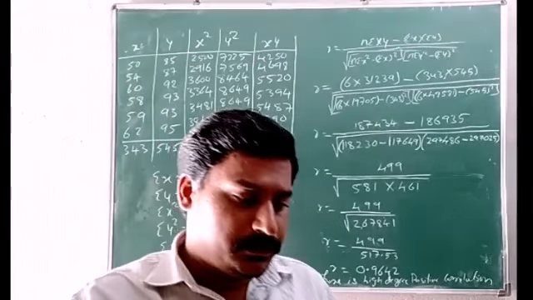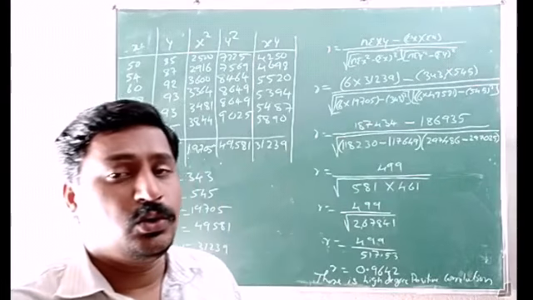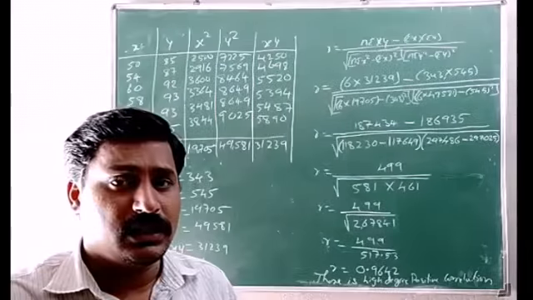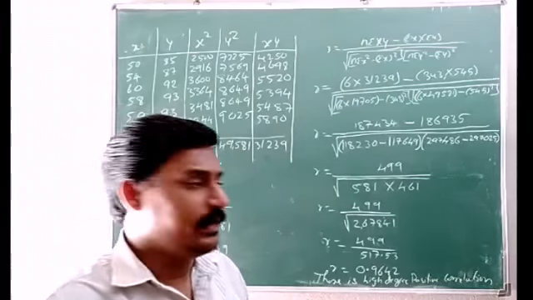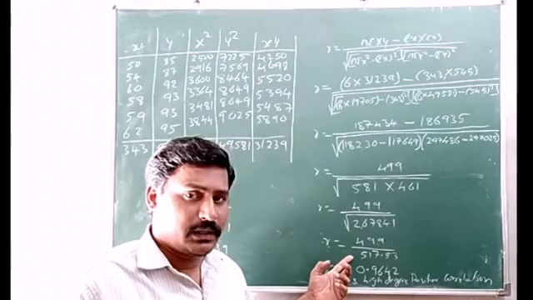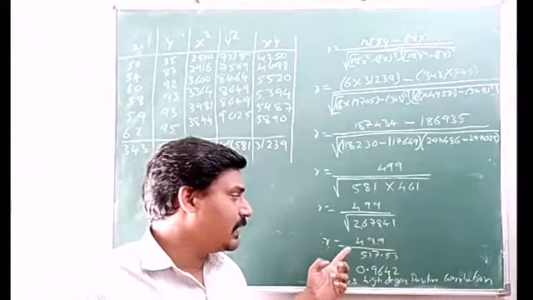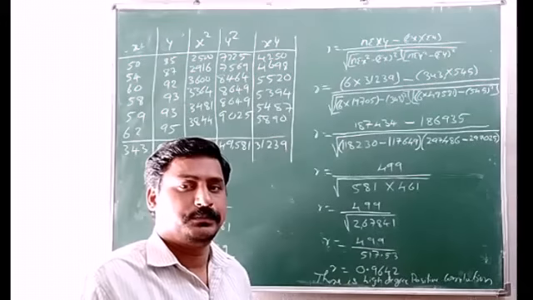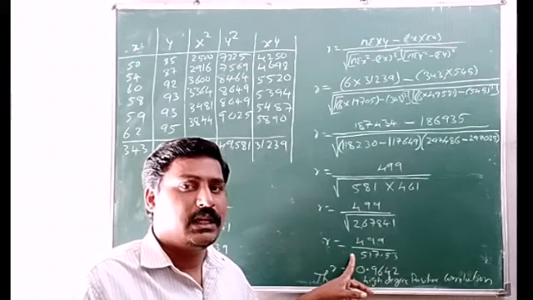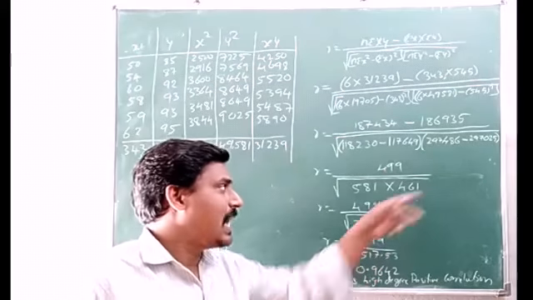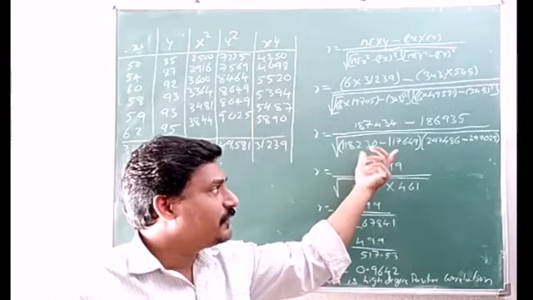Okay, and remember one thing, how to find whether it is a positive correlation or whether it is a negative correlation. In correlation, you must remember always the denominator part is always greater than numerator part here, and denominator part will be always a positive figure, as we are taking squares and difference here.